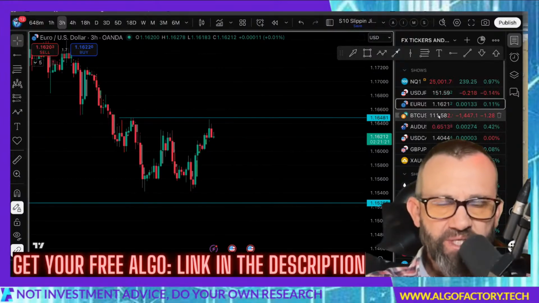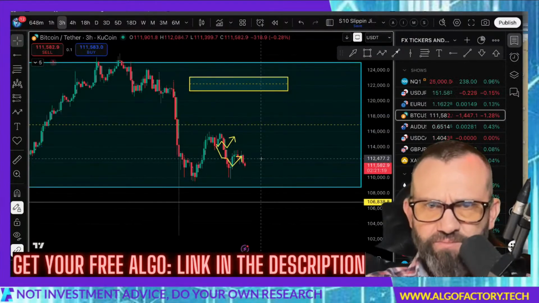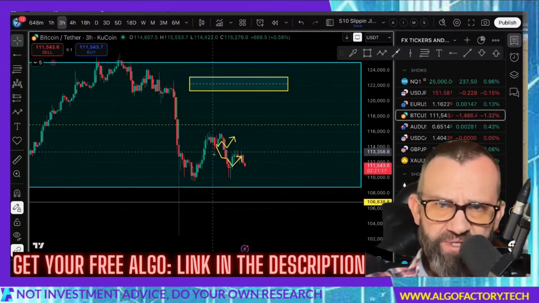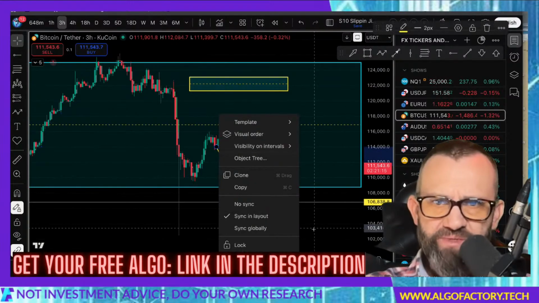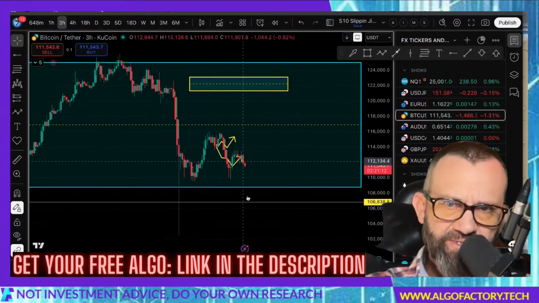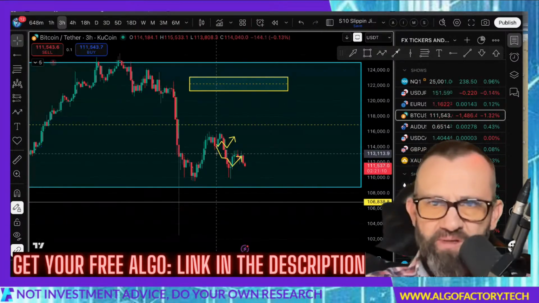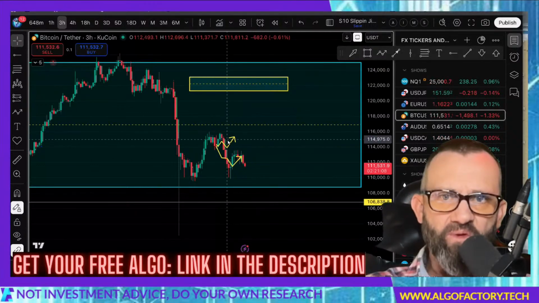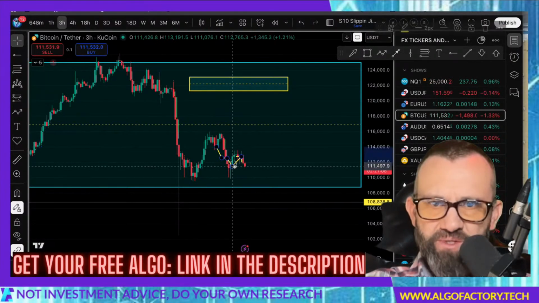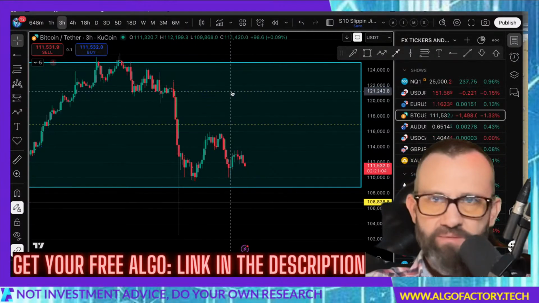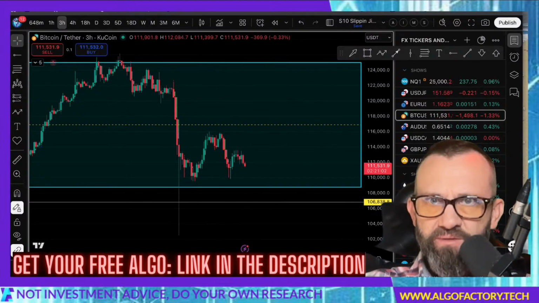Now, let's take a look at Bitcoin. Well, it looks like this kind of lower path is what ended up happening, more or less. So that's something that I said might happen on Monday for Algo Factory members. So let's go ahead and get rid of that, albeit a successful look.